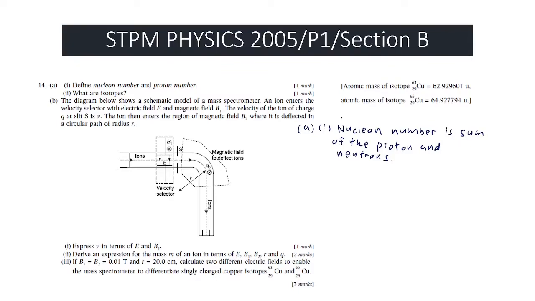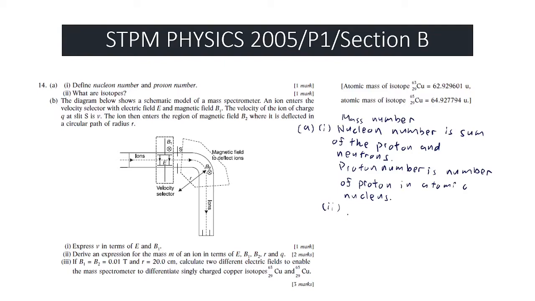Sometimes this is also known as the mass number. And now a proton number is just the number of protons in the atomic nucleus.